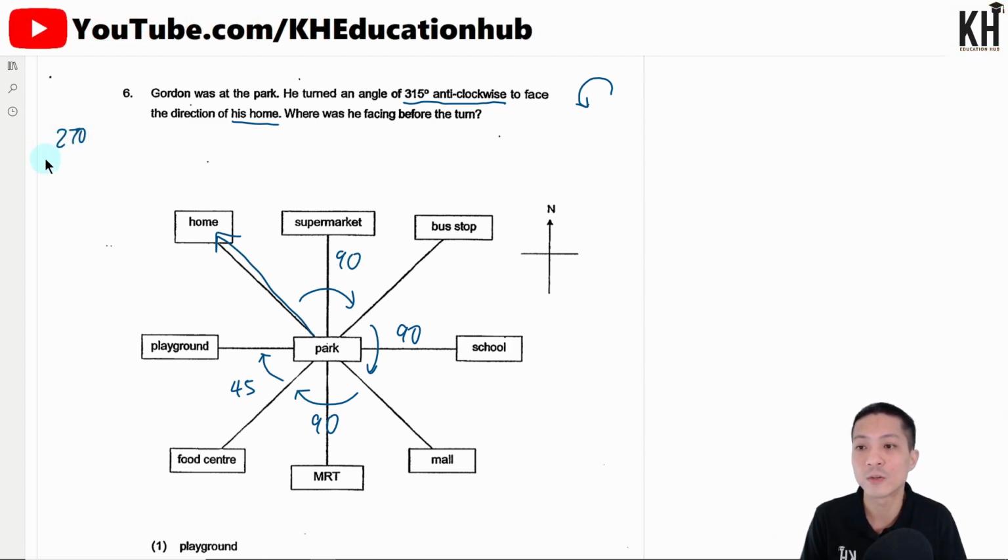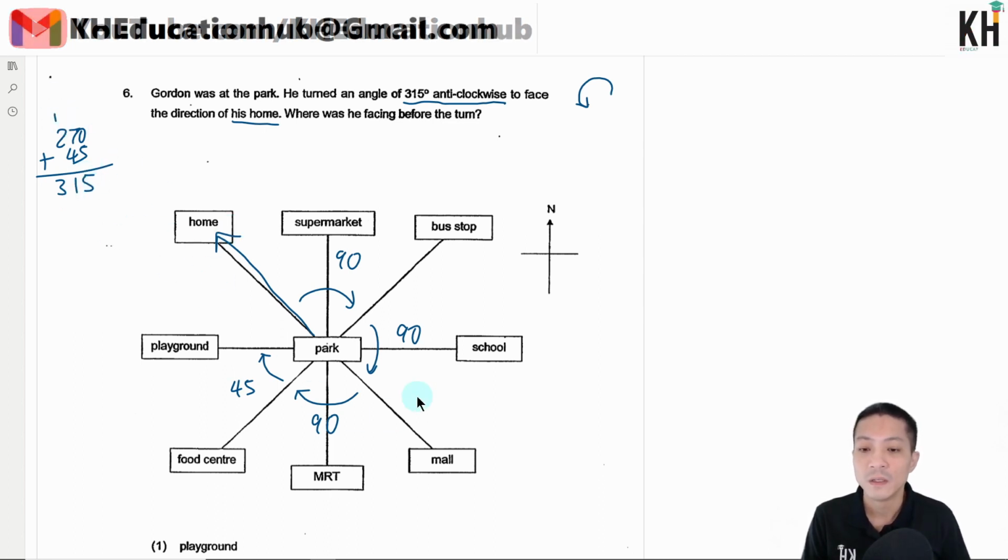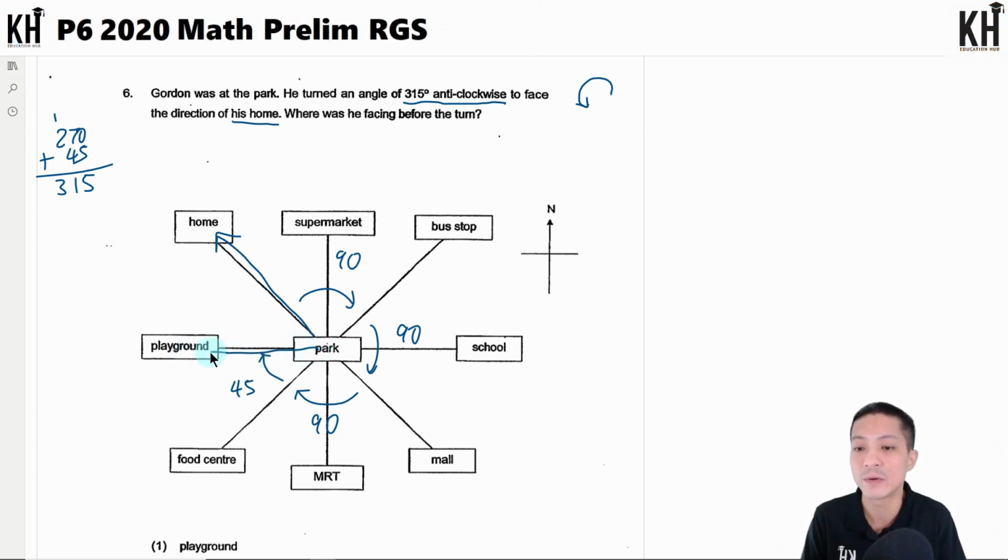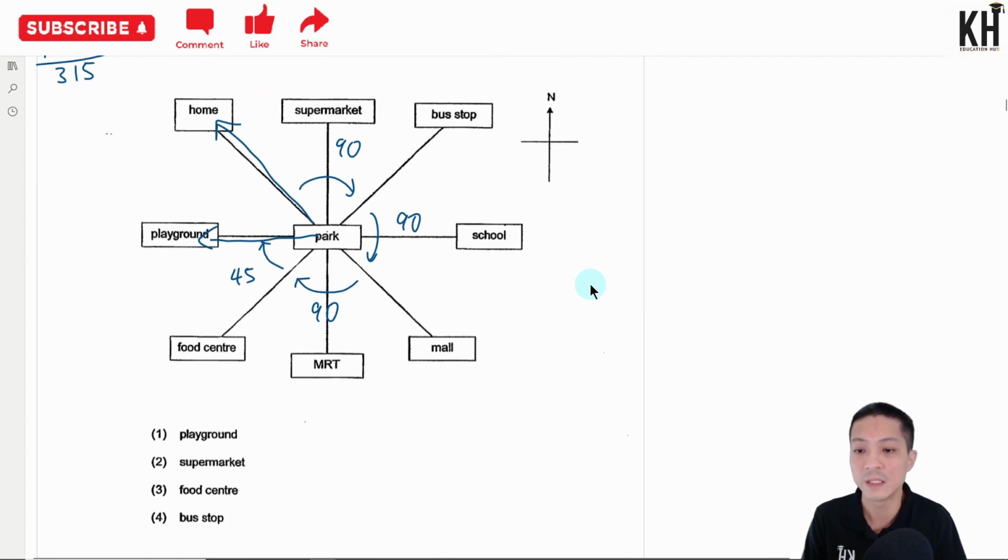You can try it out yourself. So now we need to go backwards, which means that just to confirm, he should have been facing the playground at first. So playground, anti-clockwise, that will be the answer. He's facing the playground at first.